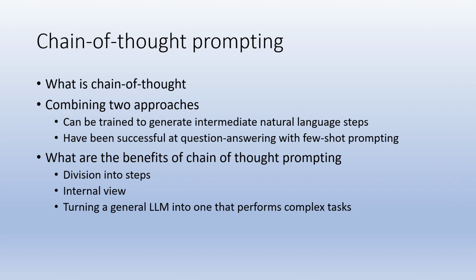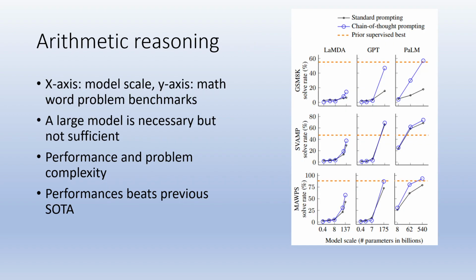Secondly, because there is a series of steps that are followed, we can in a broad general way find out where in reasoning the model went wrong, and it helps us in debugging the model, not the actual inner workings of the model, but the answers that it gives. And thirdly, we can turn a very generalized LLM into one that can perform very complicated reasoning tasks and other complicated tasks. So let us first start with arithmetic reasoning and how it performs.